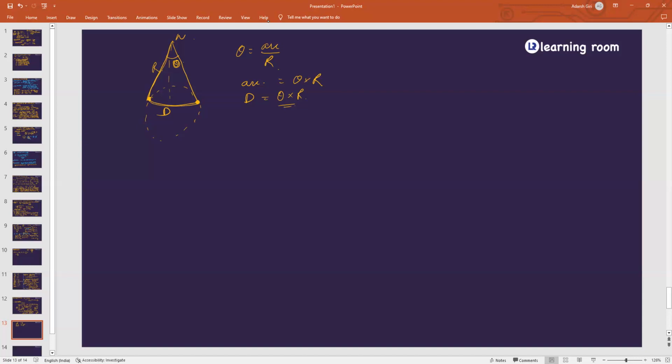Everyone, go through the pages. 3-4 pages are there, and only these things are present. Nothing new. You read these 3-4 pages and come to the next class.